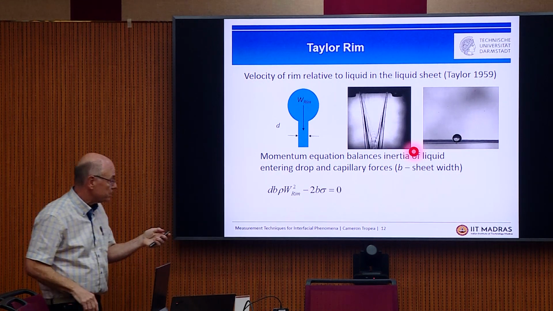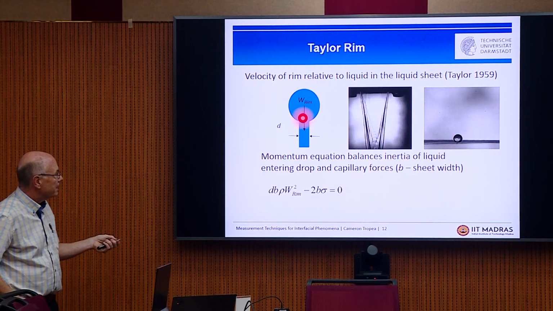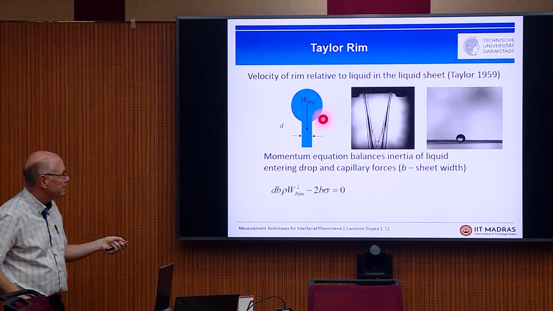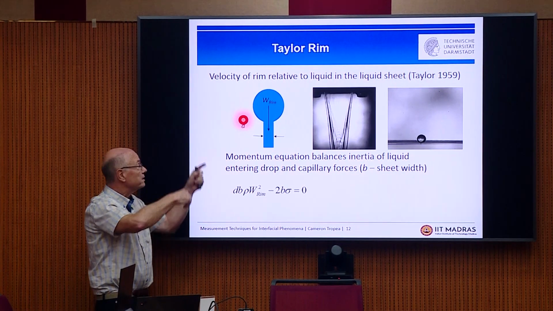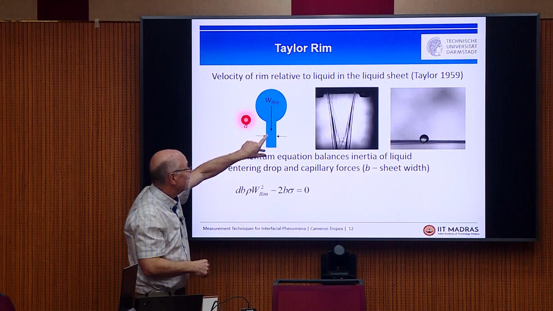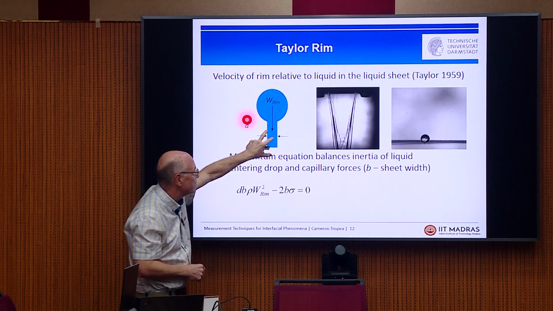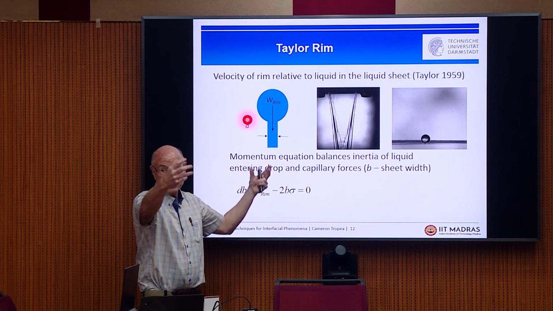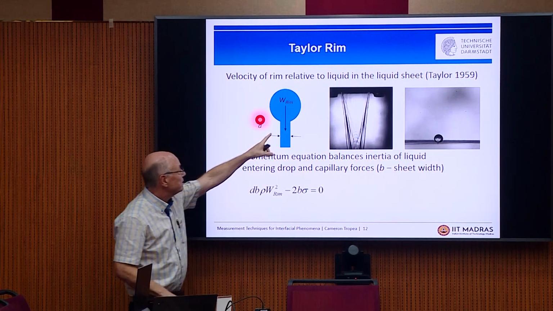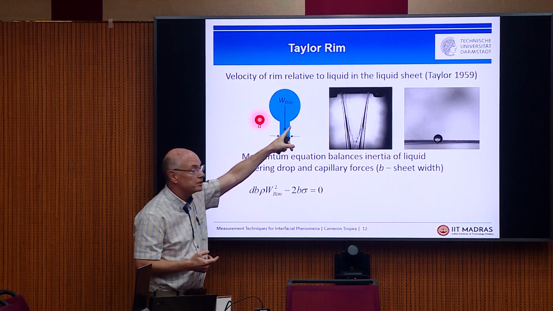And now we do a force balance. Let's cut this thing right here and do a force balance. You've got fluid going from here into the rim, so the rim is moving down the sheet. This is a liquid sheet now, and what's holding it together? The surface tension here and the surface tension here.